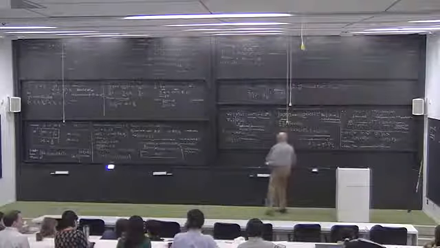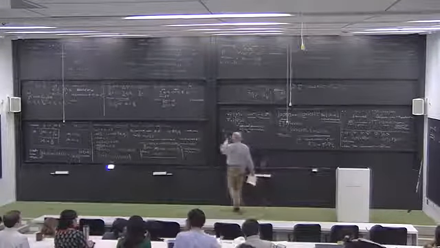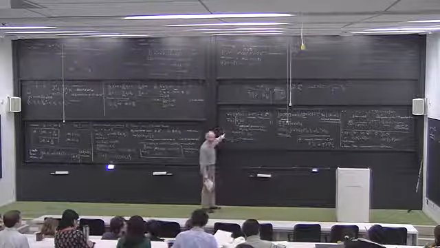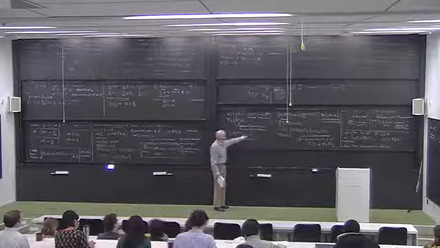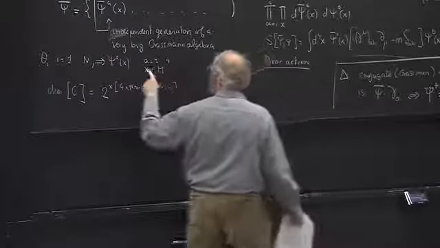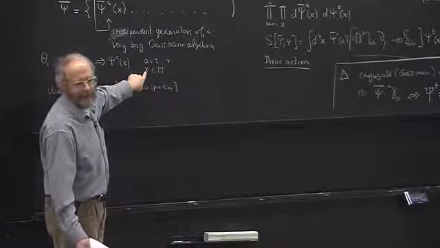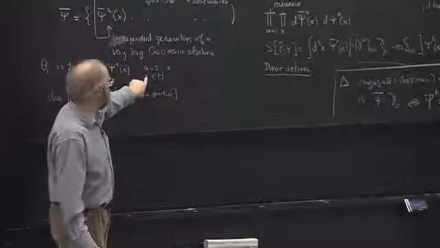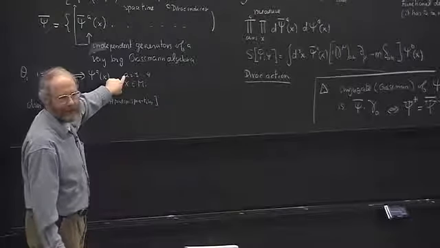Since now the indices of our Grassmann variables are both the Dirac indices and x, this is both an inverse with respect to x's, so it's a kernel operator, and you also have to take the inverse with respect to the Dirac indices.